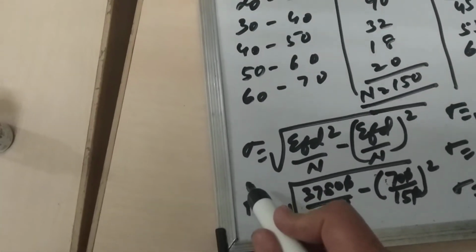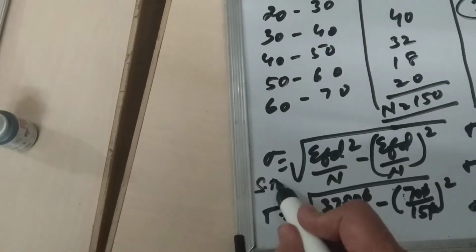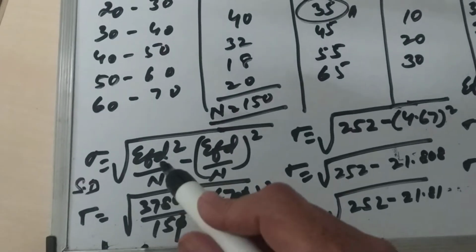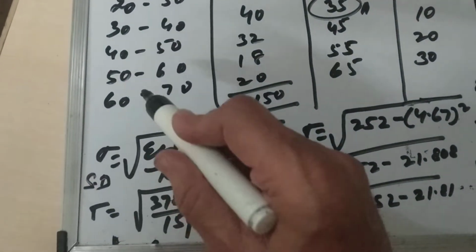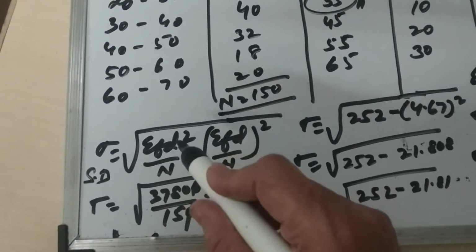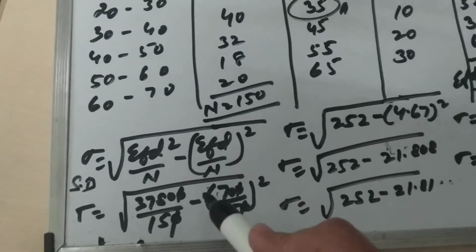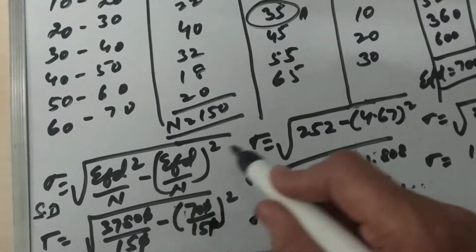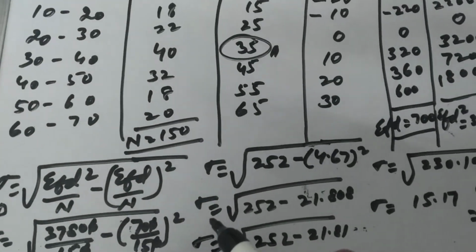That also is good enough. So SD is standard deviation. So how do you calculate? Under root, you need to have sigma of FD square upon n minus sigma of FD upon n, whole square. The whole thing is under the root.